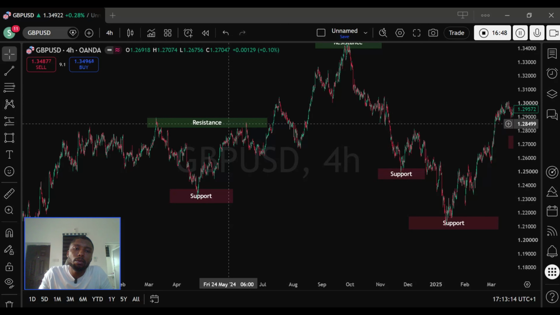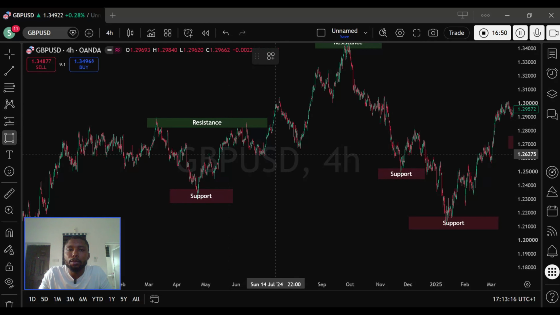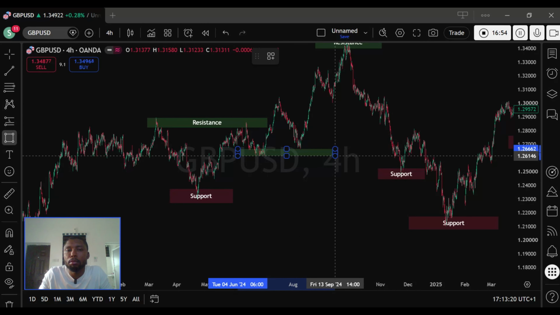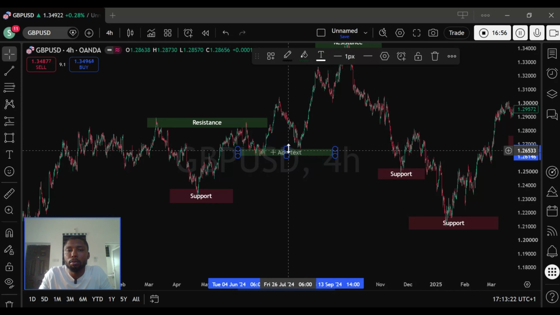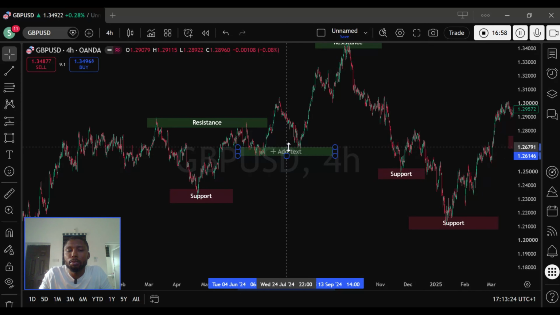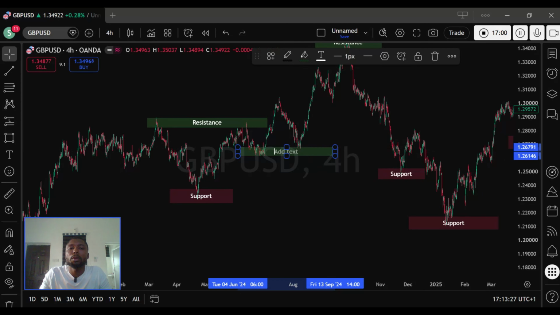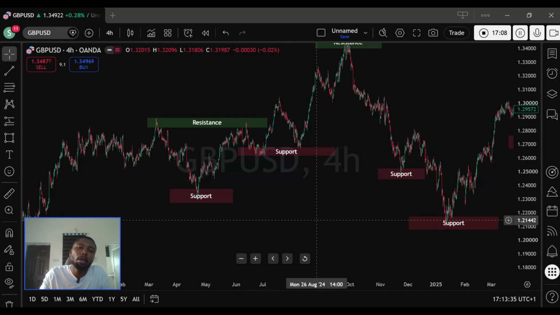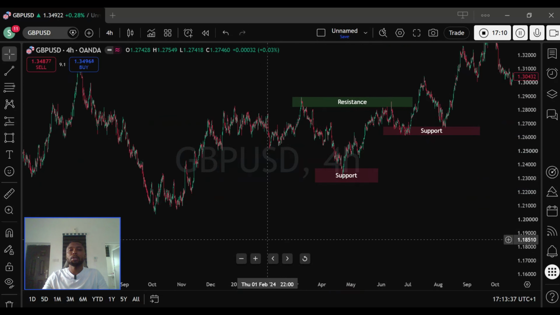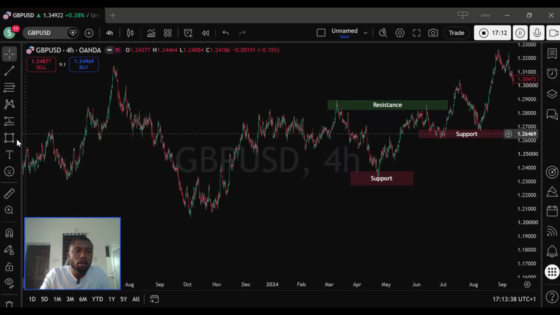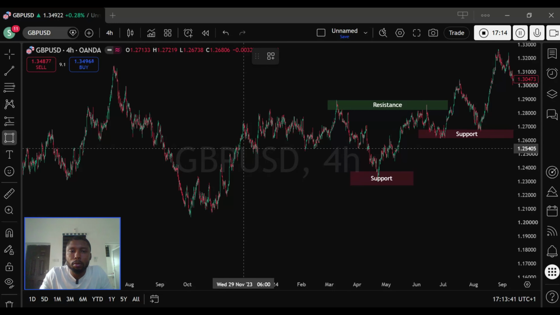Yeah, so this is resistance, this is support. Support. It's a zone. Support. Very easy, my friend. Yeah. See, you just keep doing it.